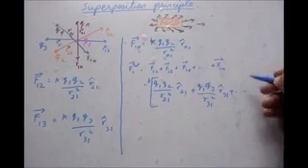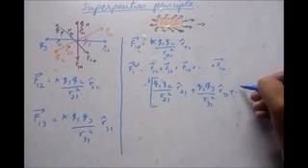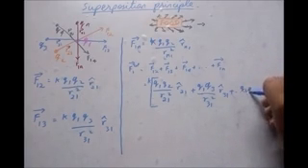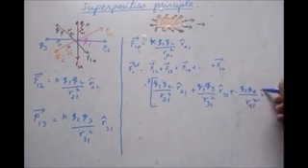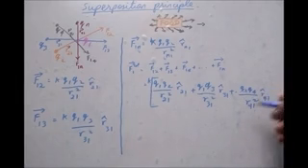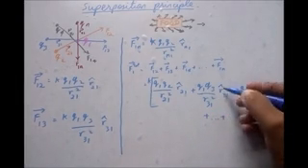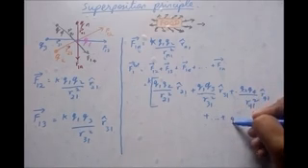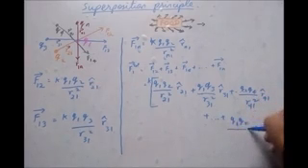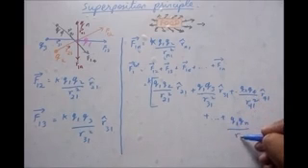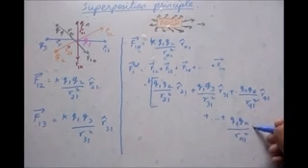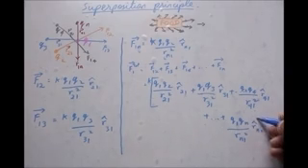Also q1 q4 divided by r41 squared r cap 41. It will go like that. Let me write for the nth charge: plus q1 qn divided by rn1 squared r cap n1.